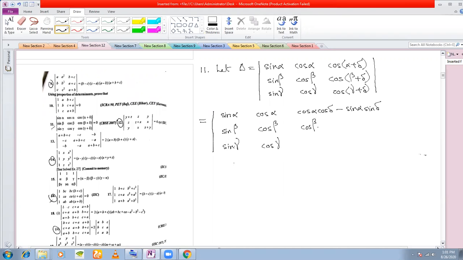Similarly, this becomes cos a cos b minus sine a sine b. And this becomes cos a cos b minus sine a sine b.